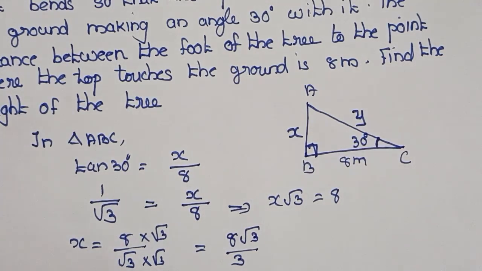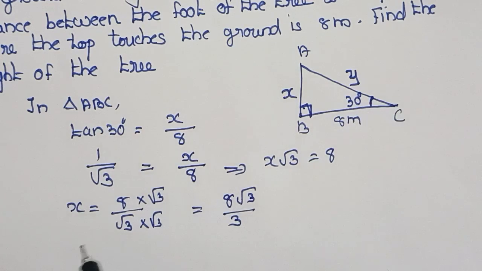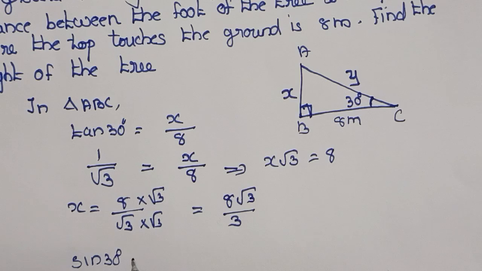Now next take sine 30. Opposite side and hypotenuse we can connect. Therefore, sine 30 degree equal to opposite side x by hypotenuse y, x by y.